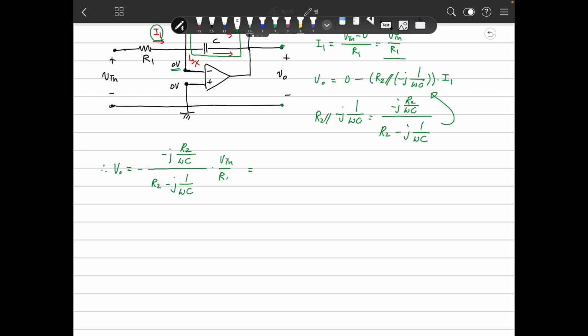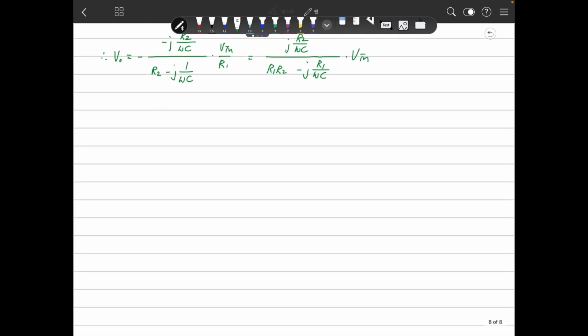So we rewrite it more simply: R1 R2 and minus R1 omega C and j omega C R2 times V in. Therefore, we get the frequency response, V out divided by V in.